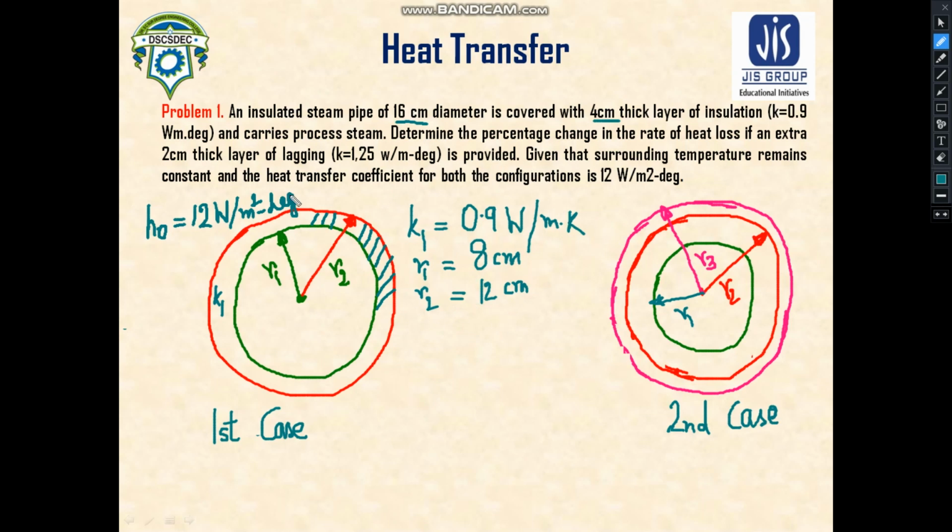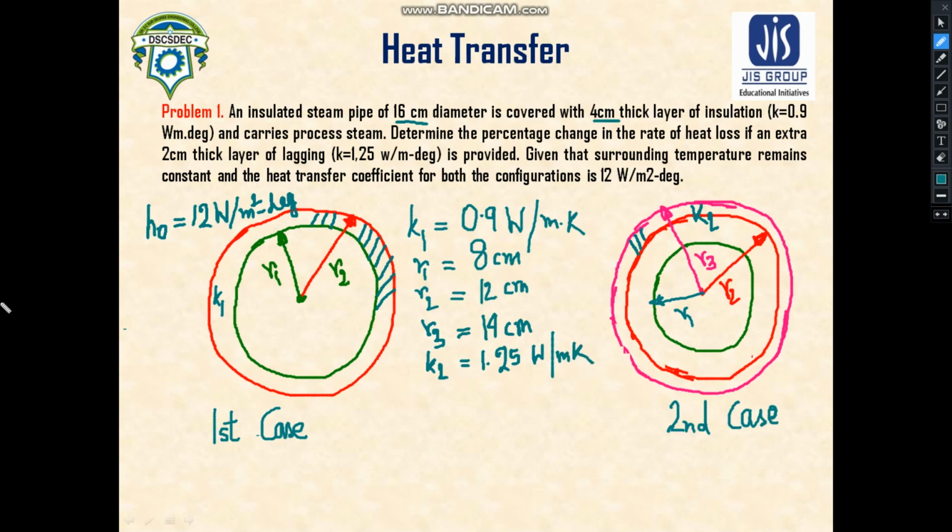And in the second case, this extra 2 centimeter lagging or insulation material has been provided, which means that R3 would become 12 plus 2, that is 14 centimeter. Now if we consider this material has a thermal conductivity of K2, then this K2 can be written as 1.25 watt per meter degree Celsius or watt per meter Kelvin, whatever you wish.